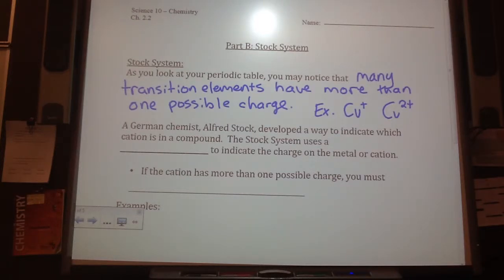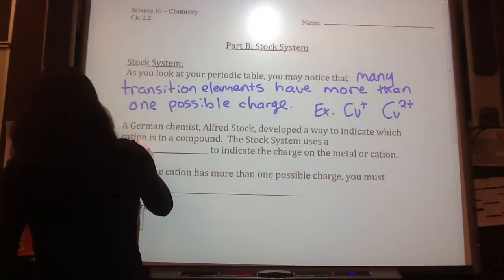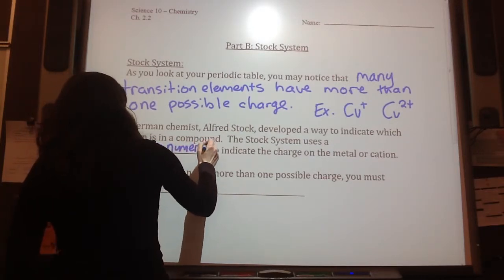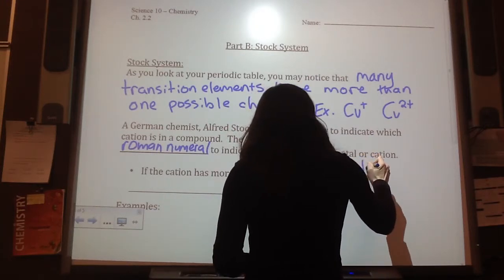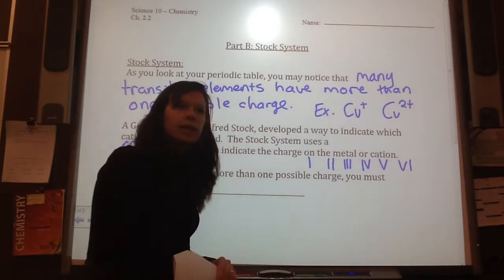So Alfred Stock, that's why it's called the Stock system, developed a way to indicate which cation is in the compound. The Stock system uses a Roman numeral. You guys know Roman numerals? Like 1, 2, 3, 4, 5, 6, etc. Okay?